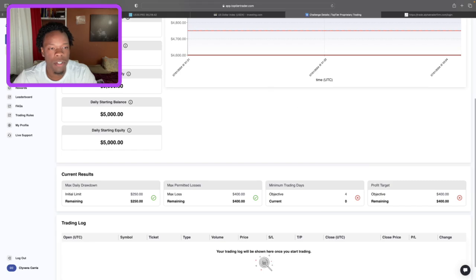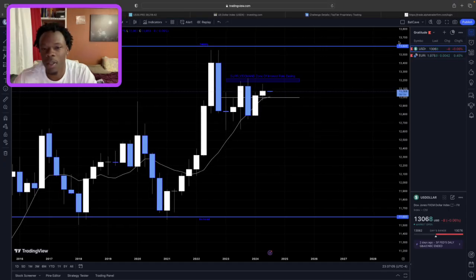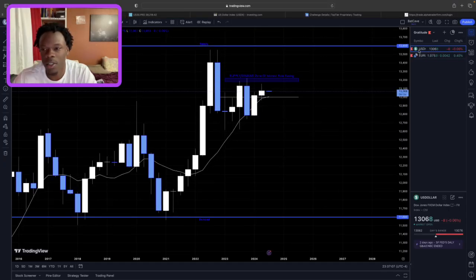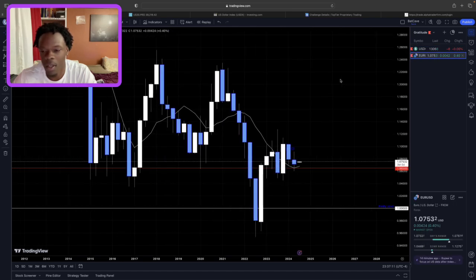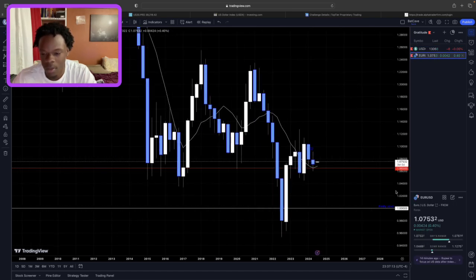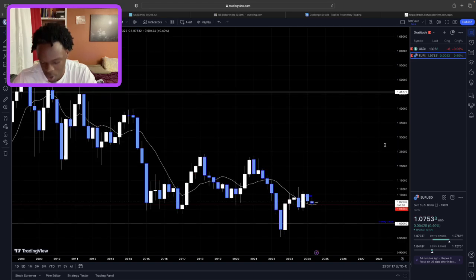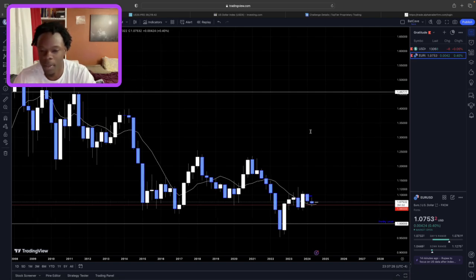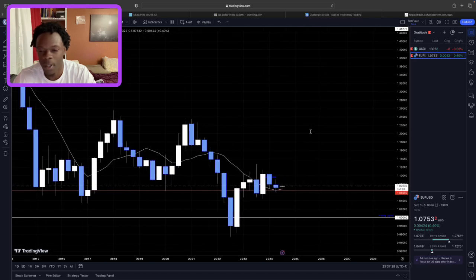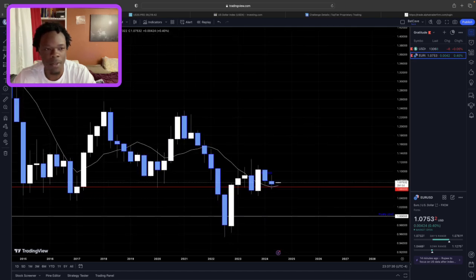The pairs that I'm going to be trading: I'm going to be analyzing the US dollar, also trading the Euro USD, essentially taking it back to basics and just running with it from there. My trading style is essentially just using market structure, support and resistance as supply and demand. If there are any Fibonacci retracement points or anything like that, I'll be using that as well.